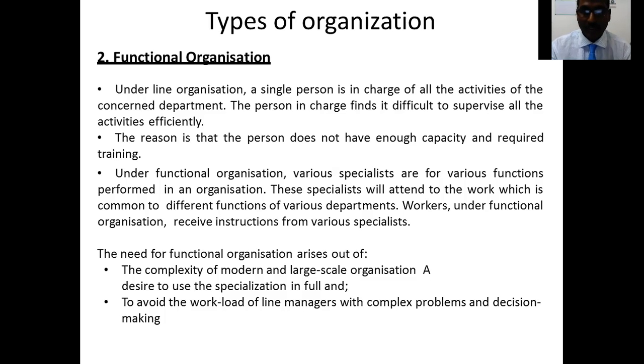So under functional organization, various specialists are appointed for various functions performed in an organization. These specialists will attend to the work which is common to different functions of various departments. Workers under functional organization receive instructions from various specialists. So the workers will receive orders from their specialized people.